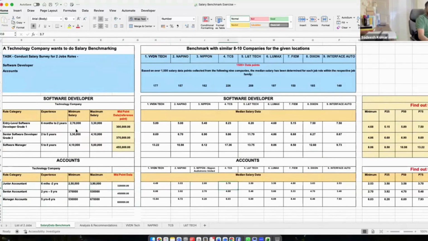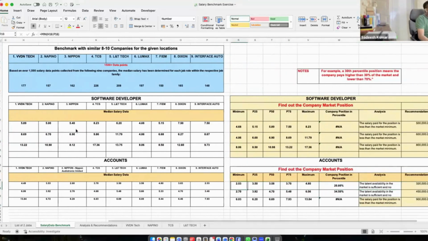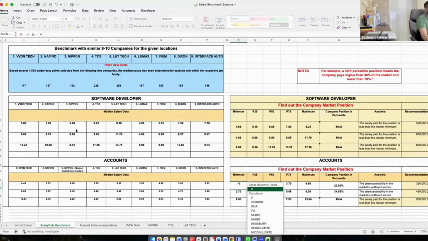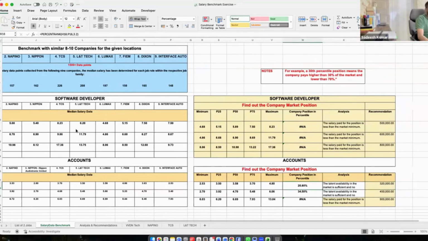Then we identified the minimum using the min formula, and the salary market median. Then we identified the 25th percentile, 50th percentile, 75th, and the maximum. The company's positioning is actually at the 20th percentile.